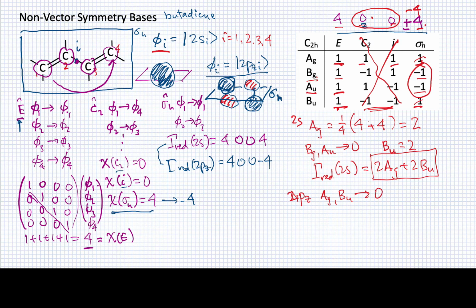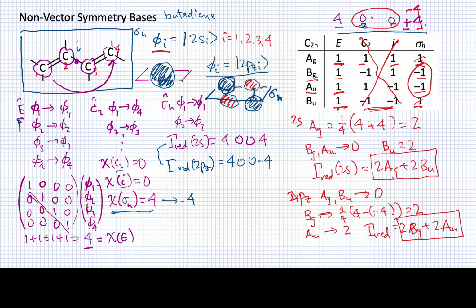But Bg and Au will end up generating 1/4 of 4 minus a negative 4, or 2, and the same will be true for Au. So my overall reducible representation will end up decomposing as 2Bg plus 2Au.